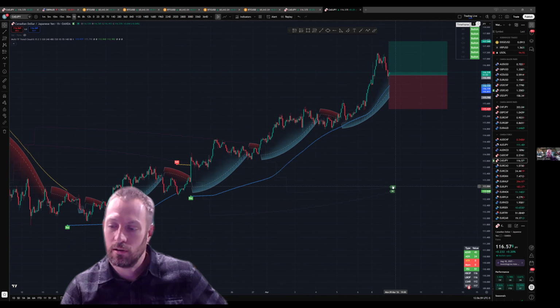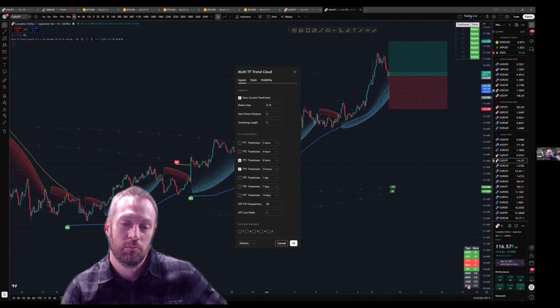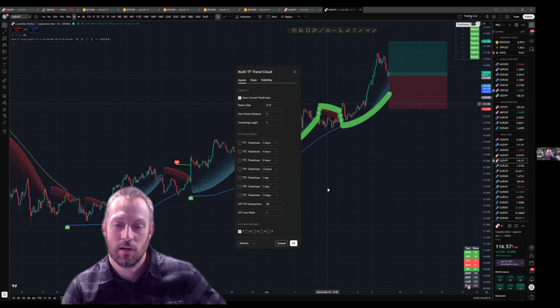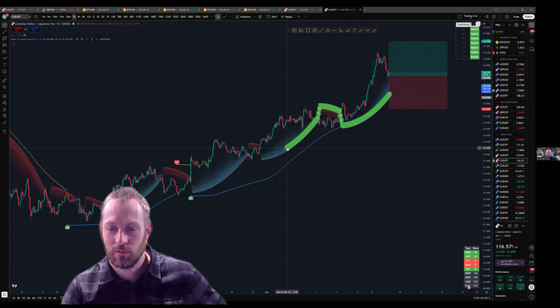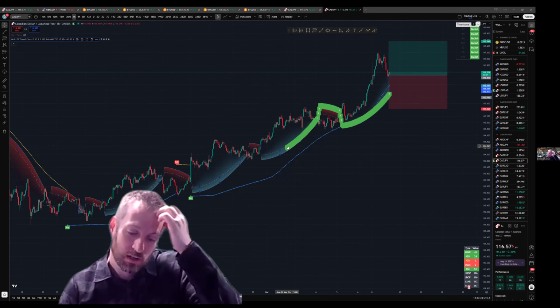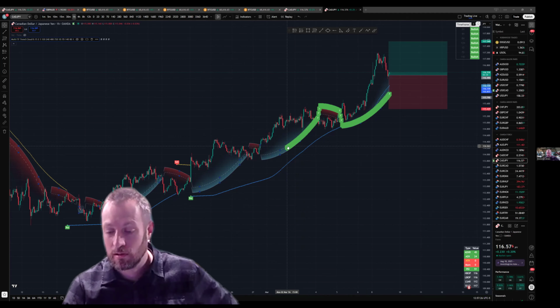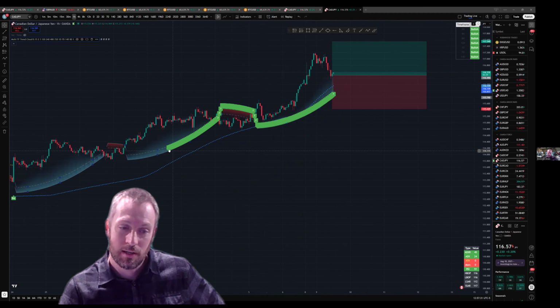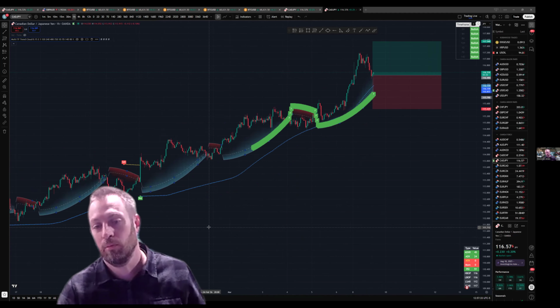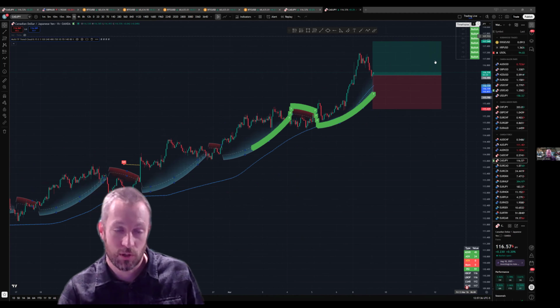If I double click on that, I can turn those on or off just like that. And I can say, show me when we're in all seven time frames. You can see that being in seven time frames did not start till about 1500 hours on Monday, earlier today. Once it did, that made it a high probability trade for the multi time frame trend.